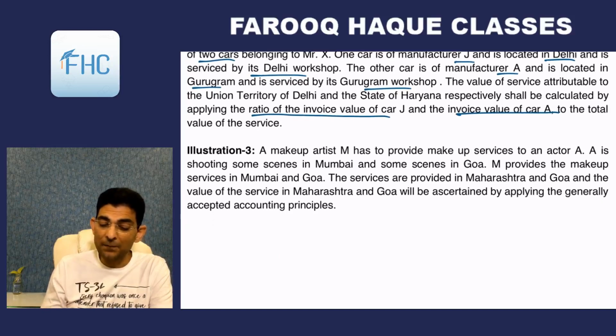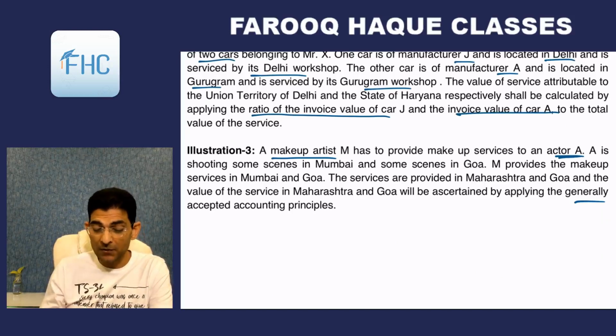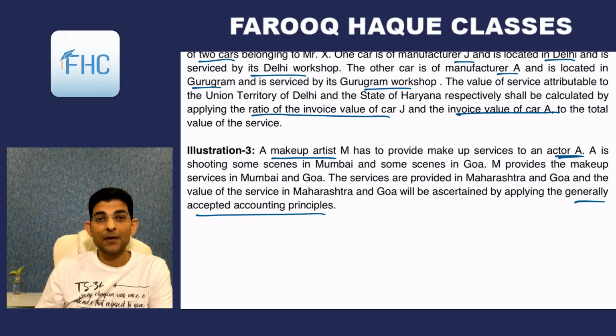And third is a makeup artist M who has provided makeup service to actor A. This is where the person is involved. So what we'll do here is apply generally accepted accounting principles. And in GAAP, different methodologies can be applied depending upon case to case.